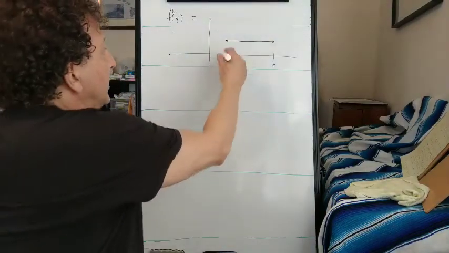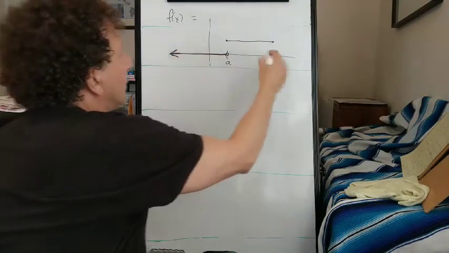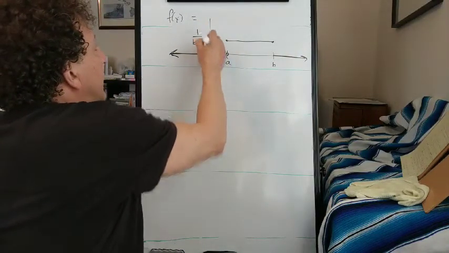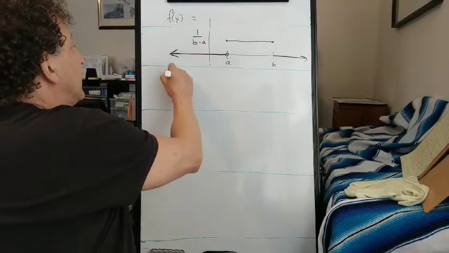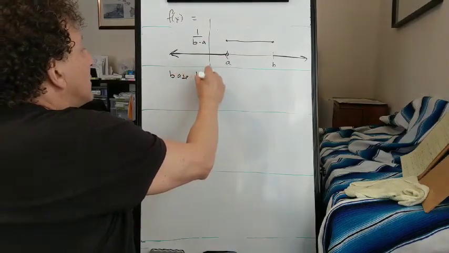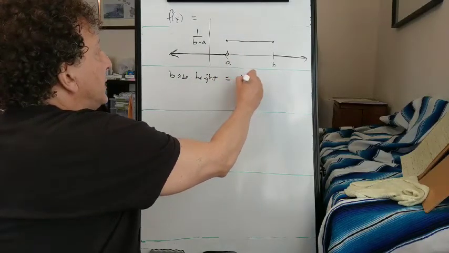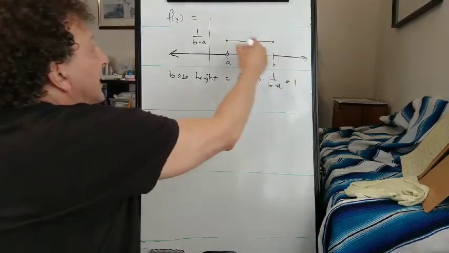It goes from a to b and then it's 0 everywhere else. And it's a height of 1 over b minus a, so that the base times height, the area here is b minus a times 1 over b minus a. So that's an area of 1 in there.